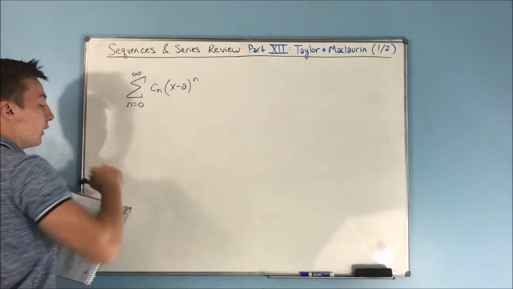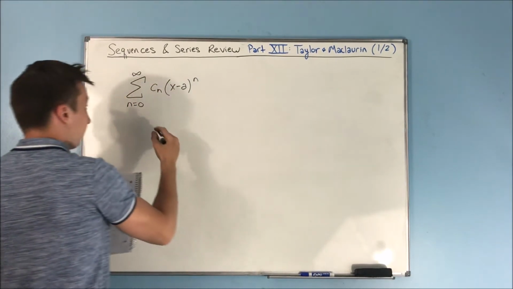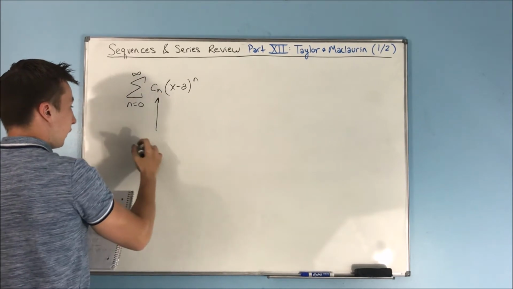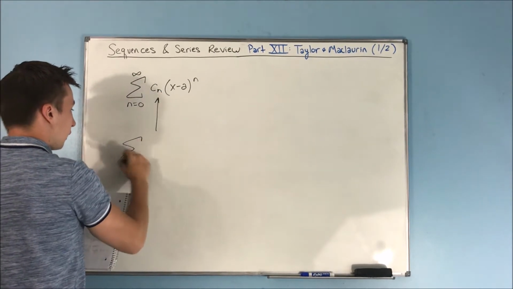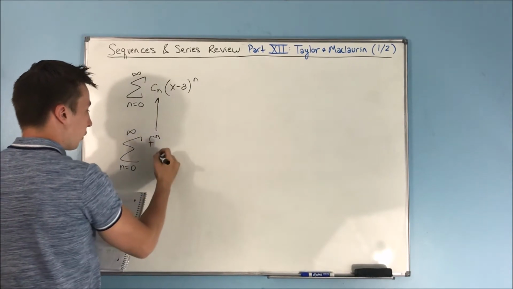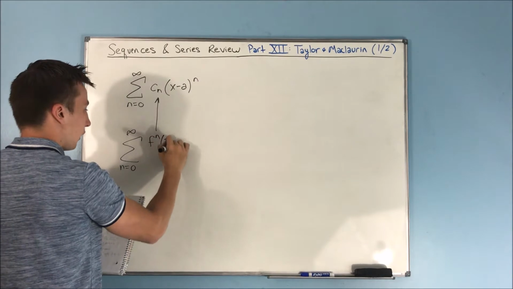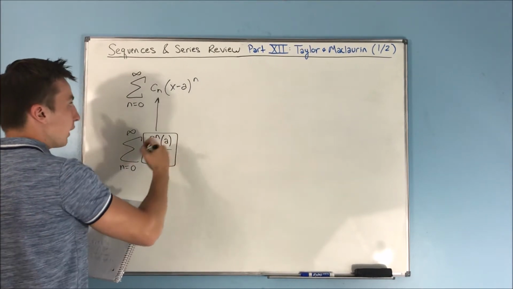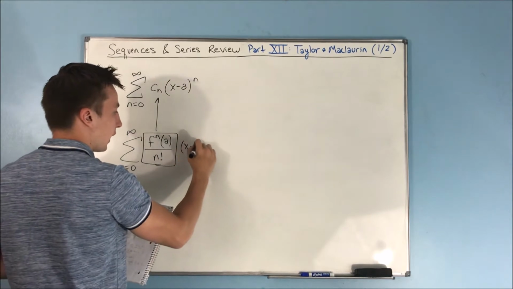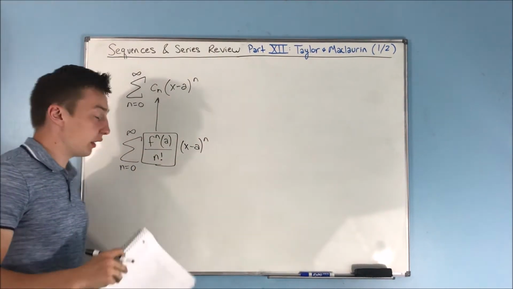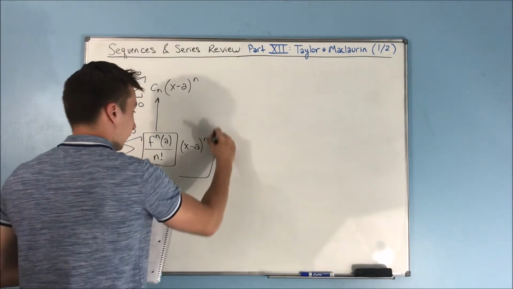But we ended up getting that c sub n was equal to the nth derivative of f at a over n factorial, multiplied by x minus a to the nth power. And this right here was the Taylor series.